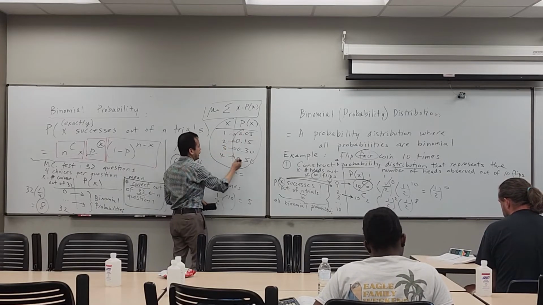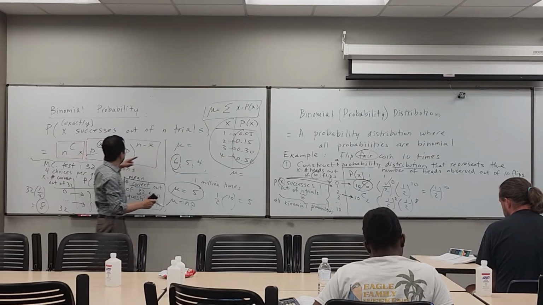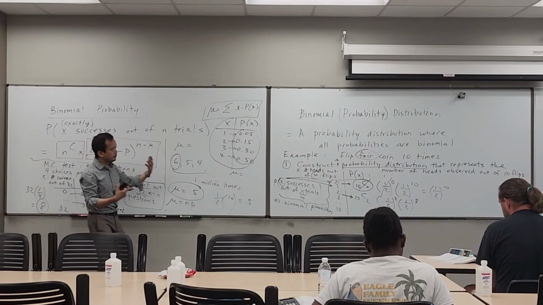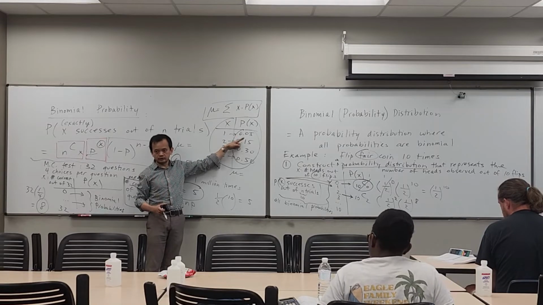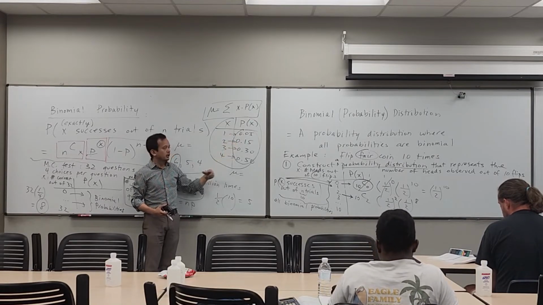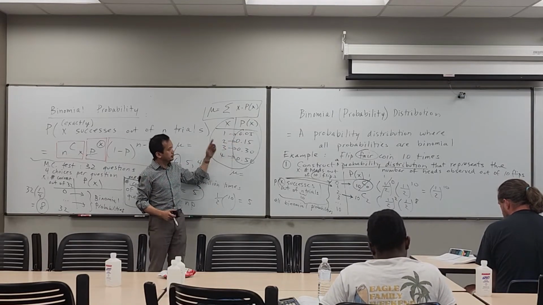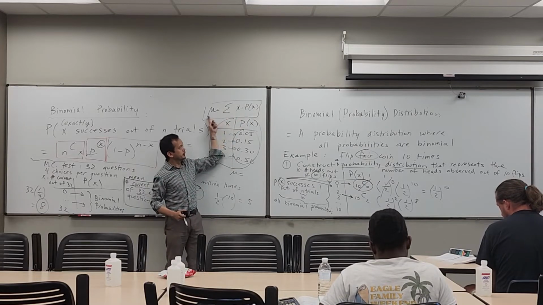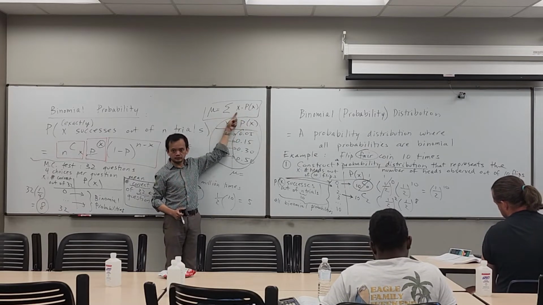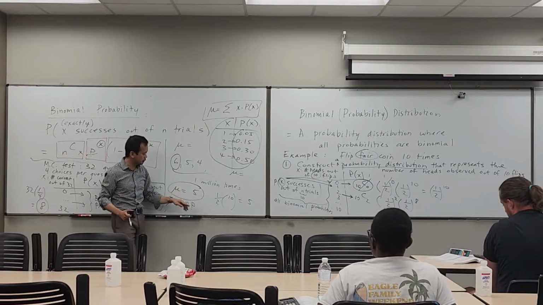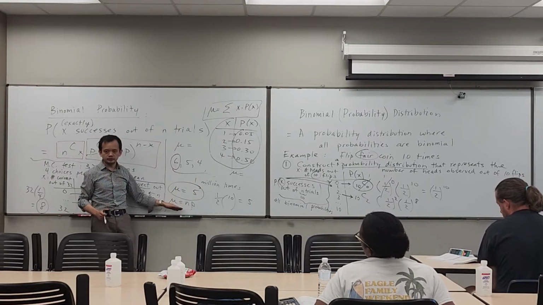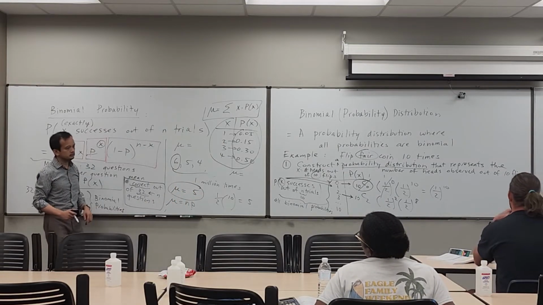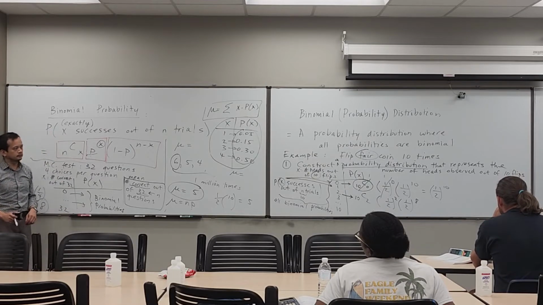These probabilities were not calculated from this formula. They were just arbitrary probabilities that were given to you for each of these numbers. And so in that case, you have to use the general formula to find the mean for a probability distribution, and not the special formula that applies only to binomial probability distributions. Any questions?